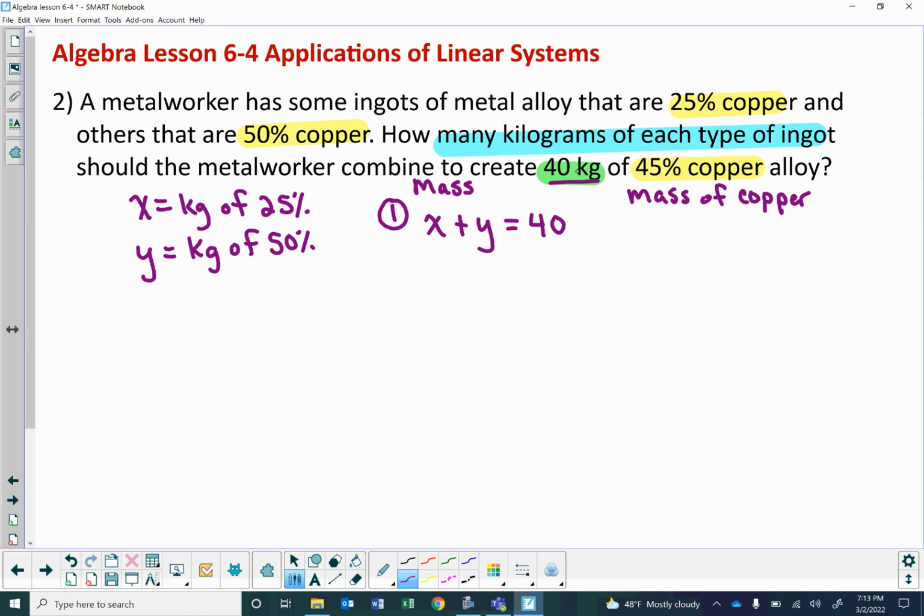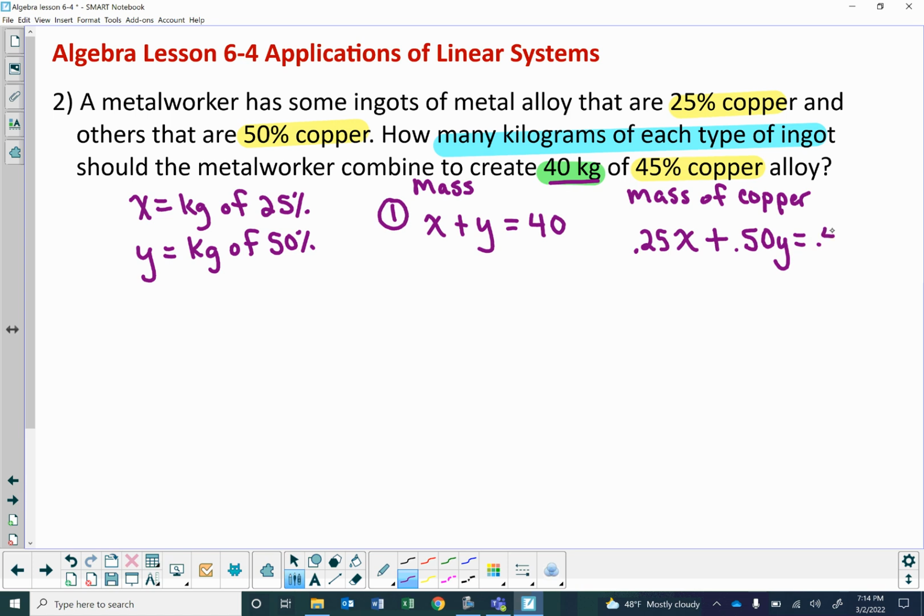I need a certain amount at the 25% and a certain amount at the 50%. I don't know how much at either one, but however many kilograms I use at the 25%, I have to multiply that by 0.25, because 25% as a decimal is 0.25, plus 0.50y is going to give me what I need: 40 kilograms at 45%.